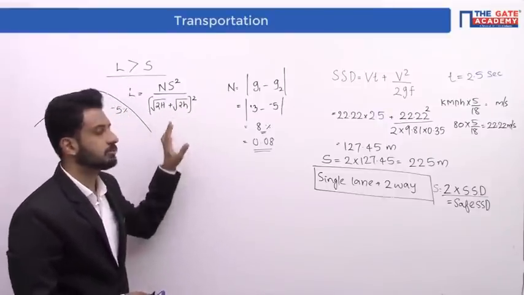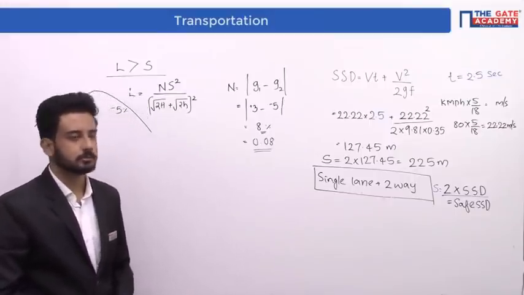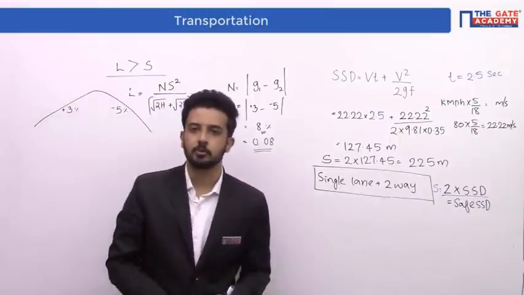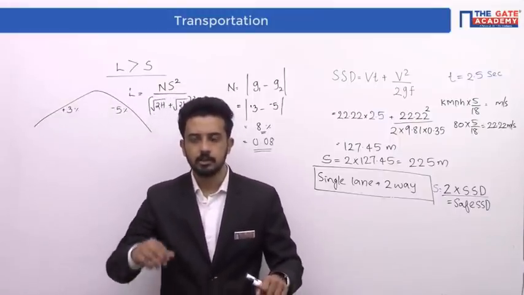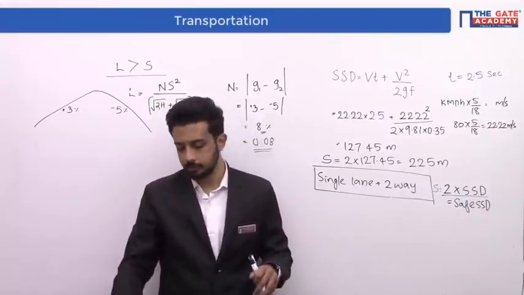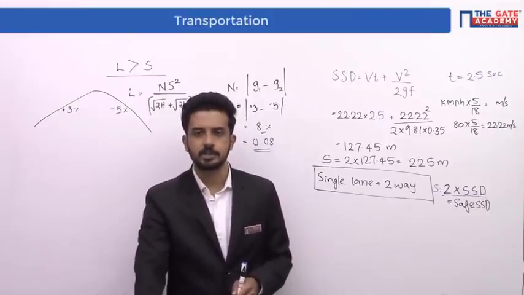H is there, small h is there. What are these terms? That you should know. What is capital H? Whenever you are driving your vehicle, you will be sitting, so your eye will be at a particular height from the ground level, or from the road surface.